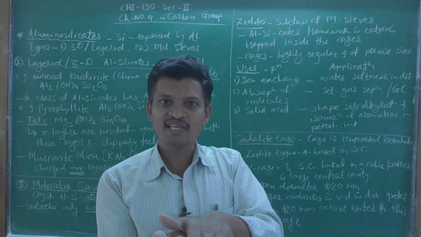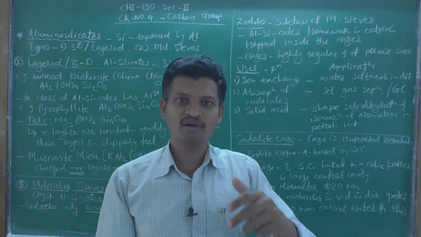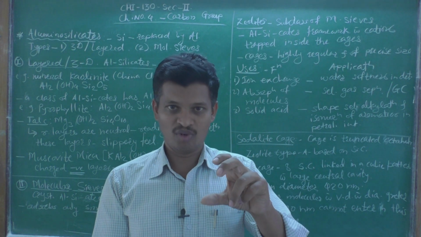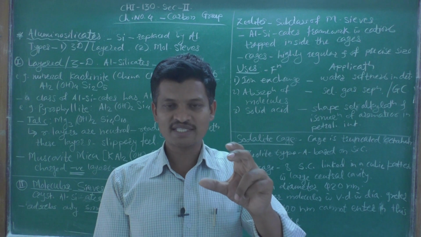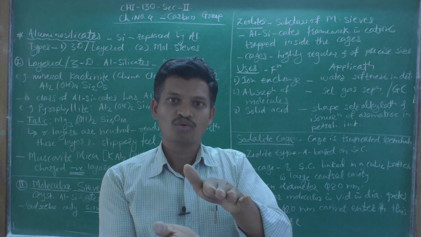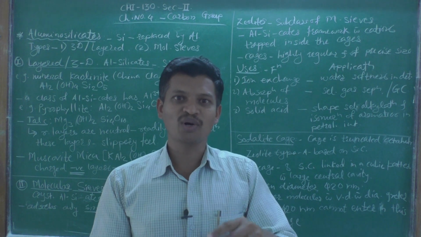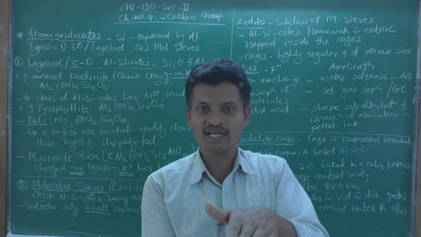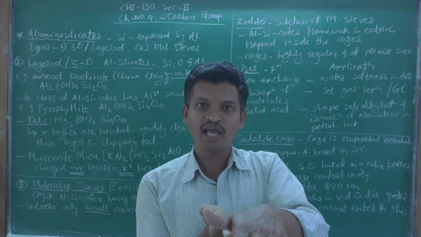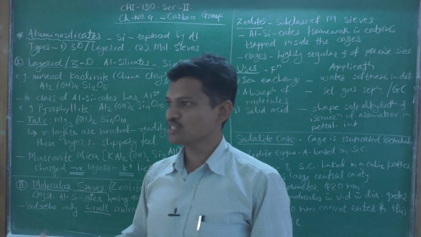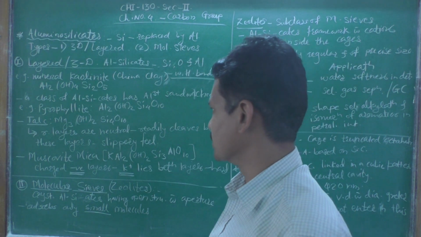In the same way, we eat vada pav, where the besan vada is sandwiched between the two coverings of the pav. So this is the meaning of sandwich. In the same way, aluminum 3 plus ions are sandwiched between the silicate layers. This is one type of aluminosilicate.